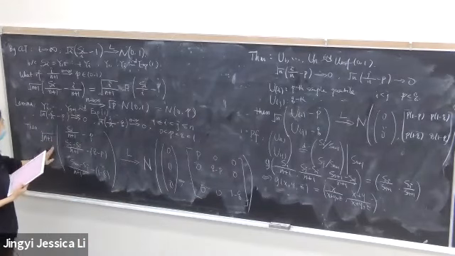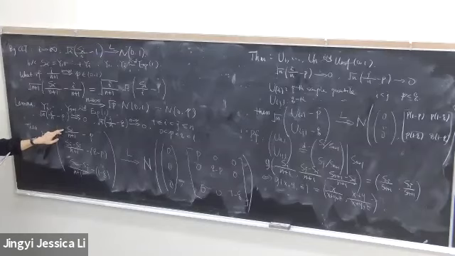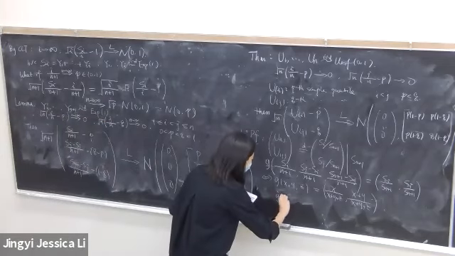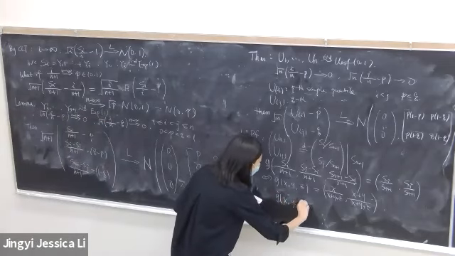So apply delta method to here. So in other words, I'm going to apply g to these three things. And I also need a g dot, the first derivative, g dot of x, y, z.